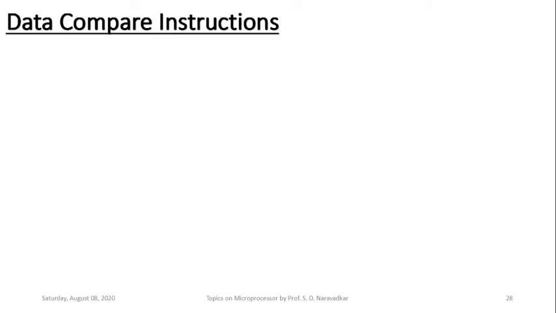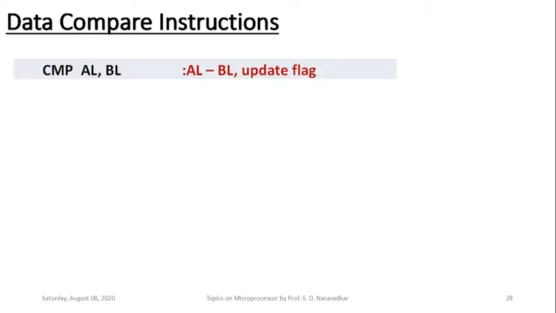Now the next subgroup here is of data compare instructions. Here is the first instruction which is appearing on your screen, compare AL, BL. As we know that data comparison is always performed by the way of subtraction. So this compare is just like a subtract AL, BL.